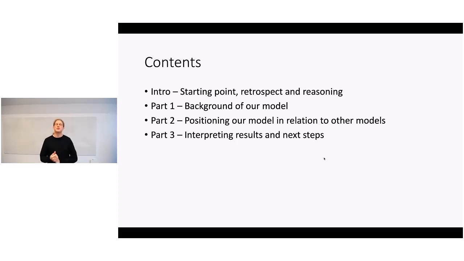Then I will divide it in three parts: background of our model, and then positioning our model in relation to other models, because there are other ways to model this spatial development, and have a little look at the results. How can we interpret the results, and what are the next steps for my research?